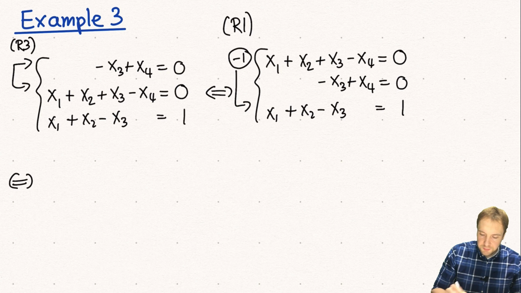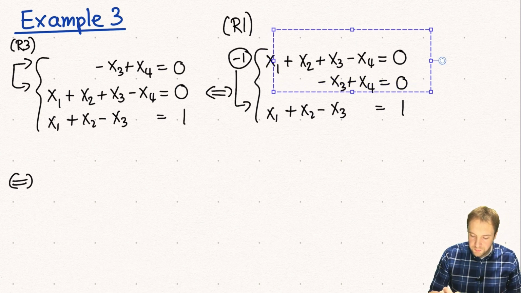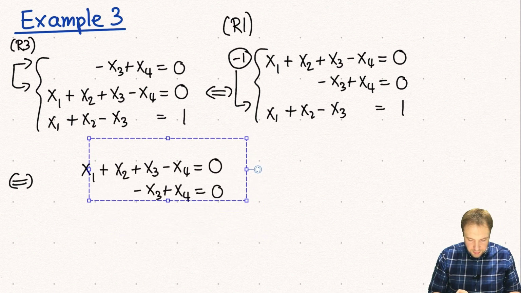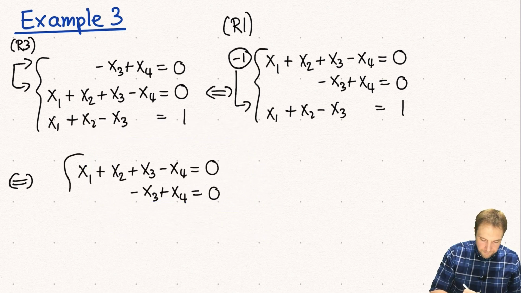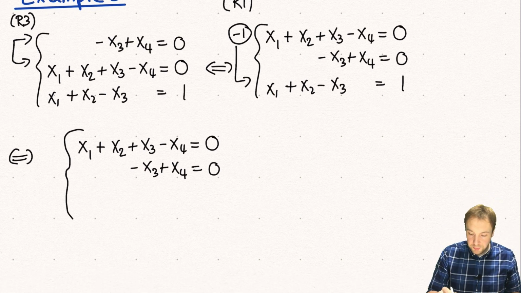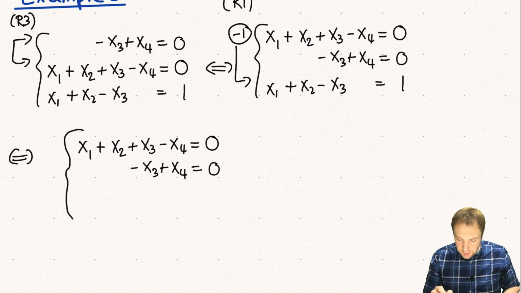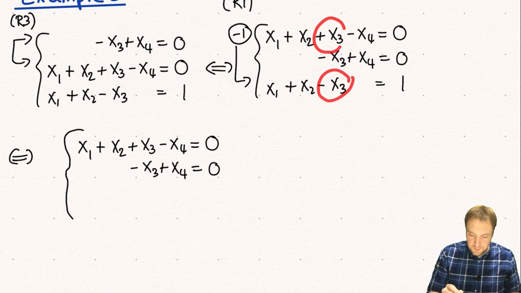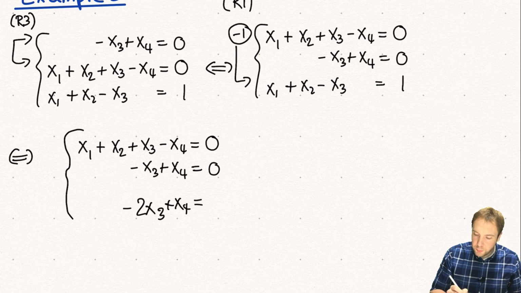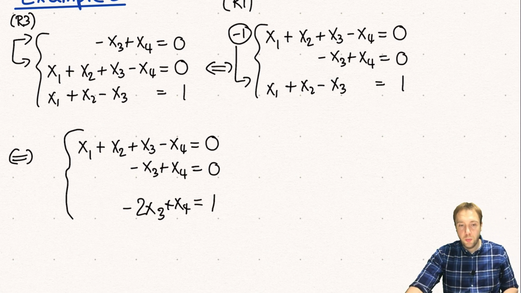And this gives, where the first two equations are the same, and now there's no x1. And also x2 vanishes here. And x3, so I have here -2 times x3. And plus x4. And 1 minus 0 is 1.